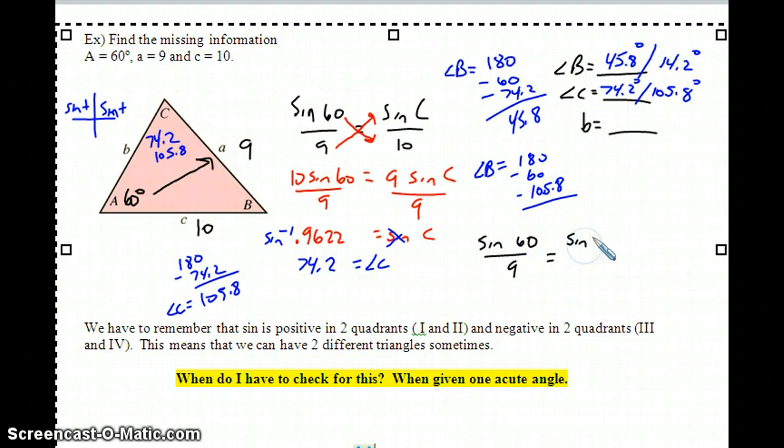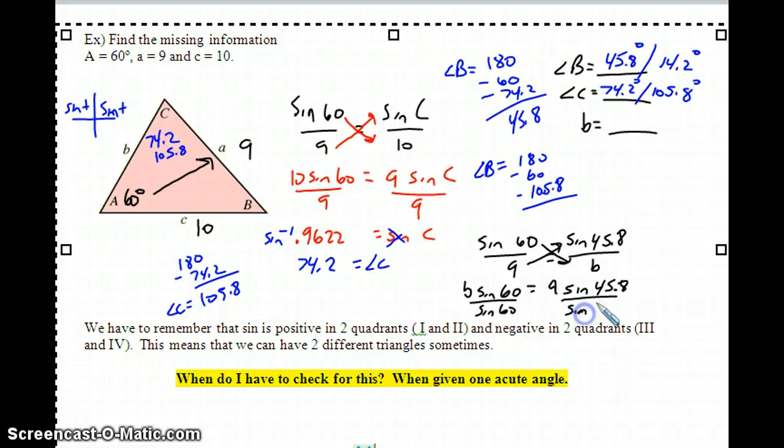So it'd be sine of 45.8 over B. Cross multiply, and we would have to end up dividing by the sine of 60. So 9 sine of 45.8 divided by the sine of 60 gives me, when I round it, 7.5. So B would be equal to 7.5.